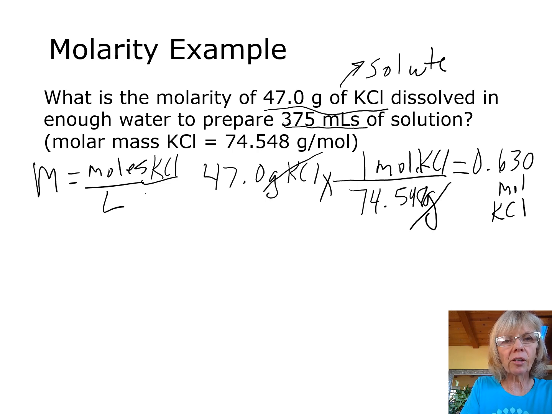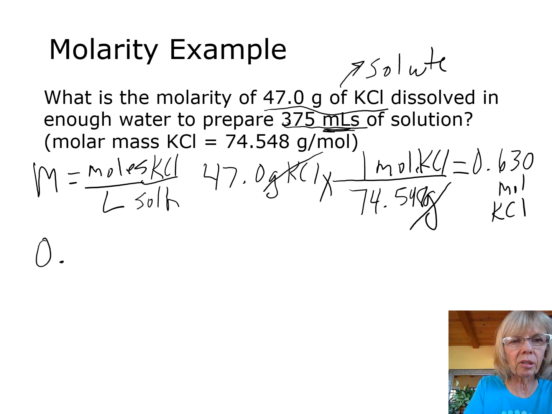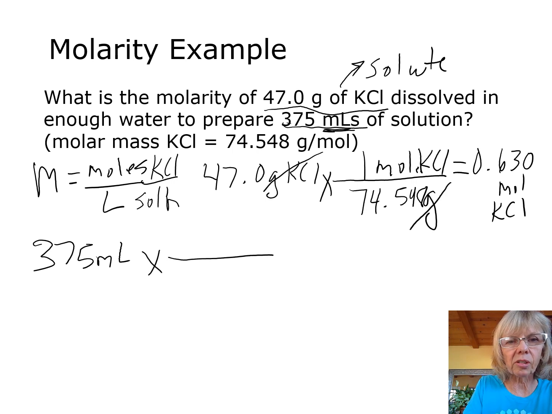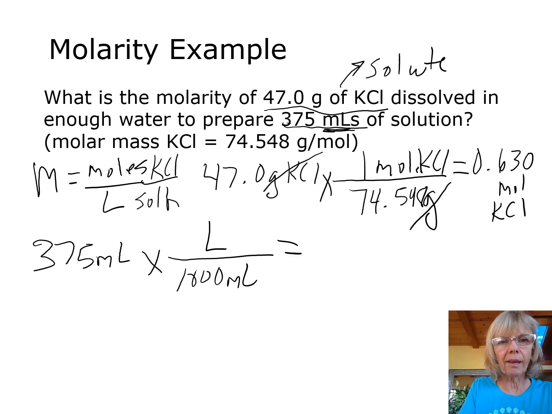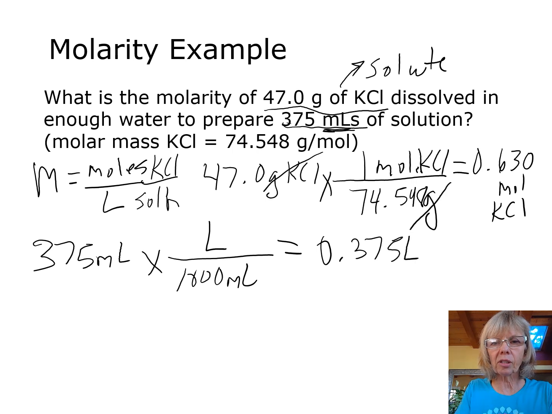In this case, our solution units are not in liters, so we need to convert that. We have 375 milliliters, and we want to convert that to liters. So we know there's 1,000 milliliters in 1 liter. So 375 divided by 1,000 gives us 0.375 liters of our solution.